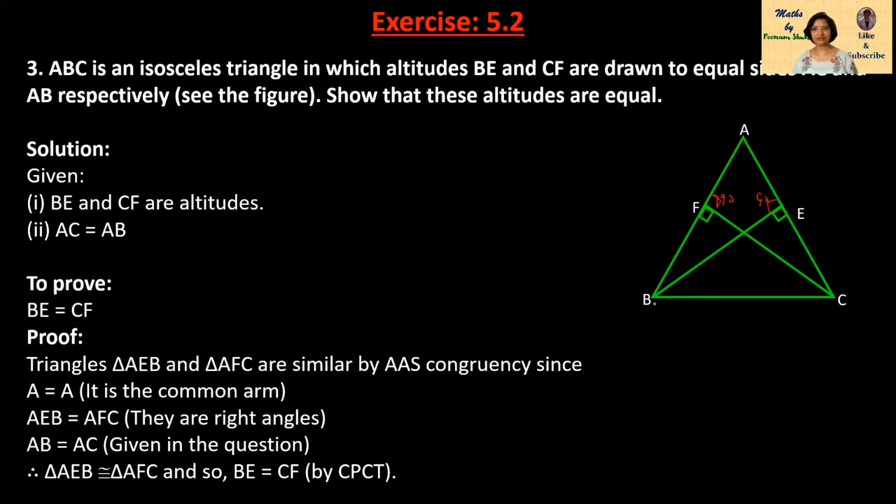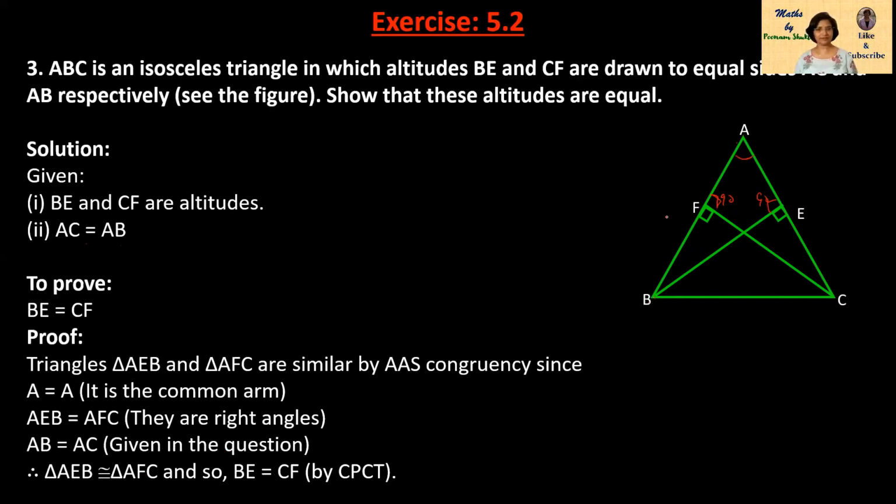What other things are given? AC equals AB, these two are equal, right? And what is the third part? Angle A is common in both, so angle A is also equal, right?